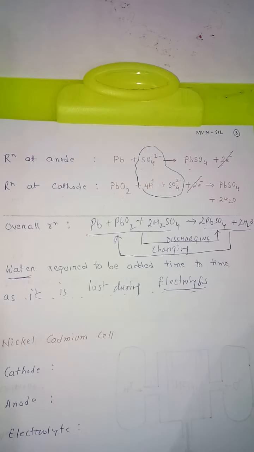Students, you remember, we are using an anode and cathode and passing electricity, so electrolysis will take place. Due to electrolysis, hydrogen and oxygen are produced and will evaporate, and due to this there is loss of water molecules. That is why we have to add distilled water from time to time. Sometimes we also have to add acid in the batteries used in cars and such. Due to mishandling, they may tilt, and due to this some acid may fall down.